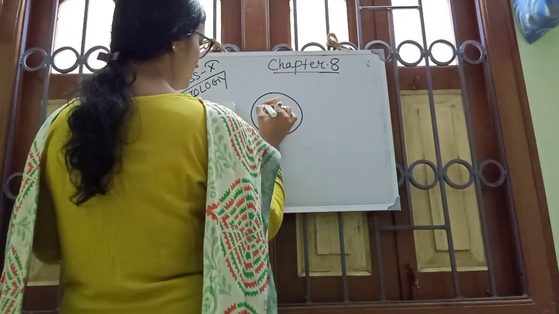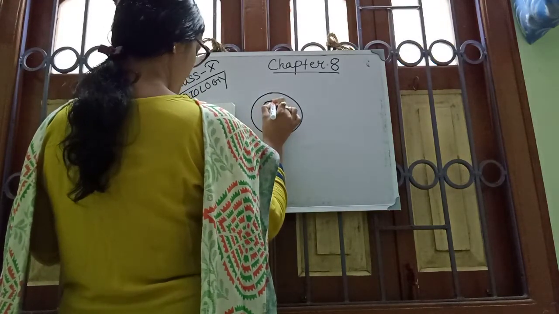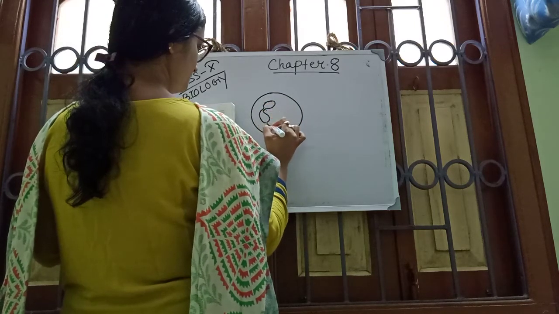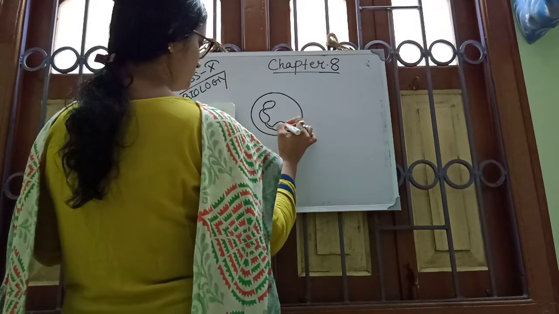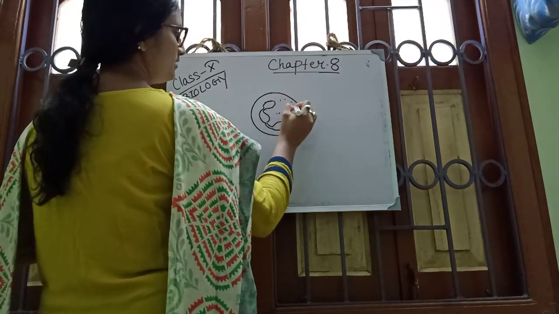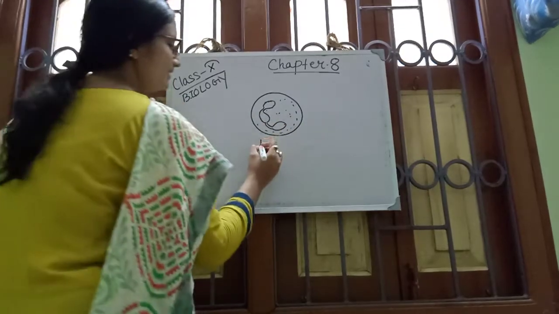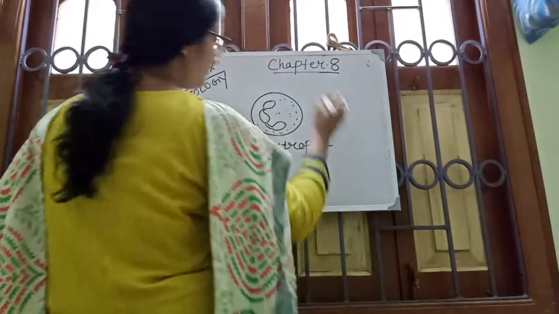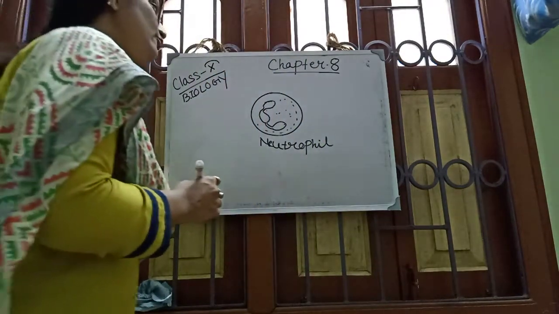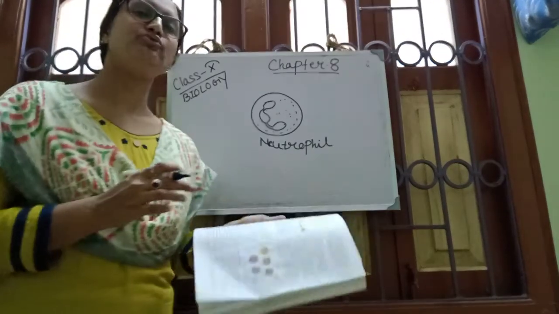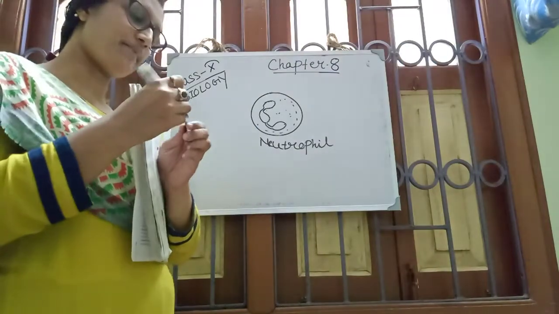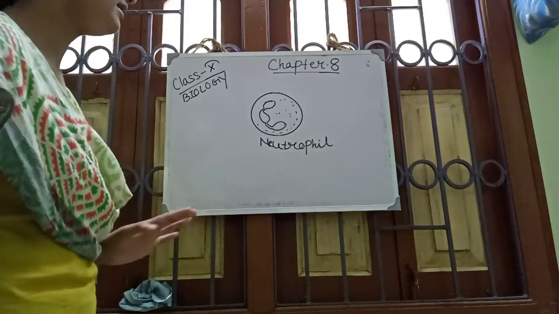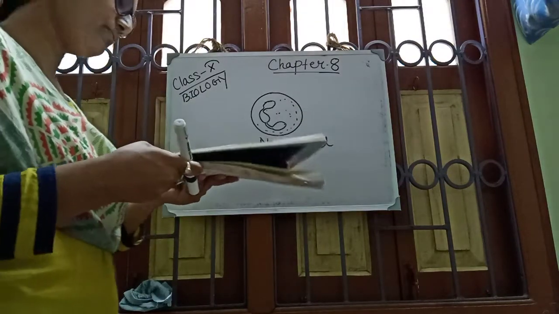Neutrophils are highly phagocytic in nature. When germs enter our body, they phagocytose, meaning they engulf and destroy the germs.